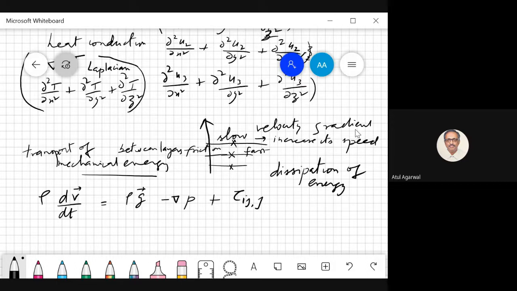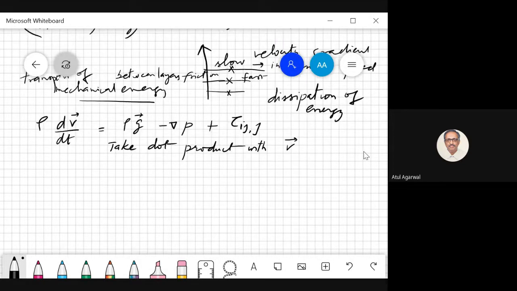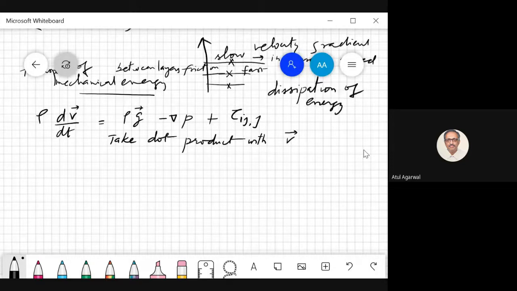Now if we take its dot product with velocity, so we saw in the last class how if there is an unbalanced force, it leads to generation of kinetic energy. So same thing we want to do.